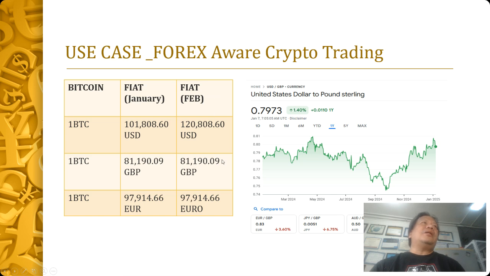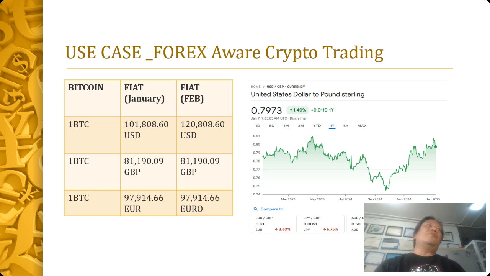Now in February, it still remains the same for euro and GBP. Well, what actually happens is that the price of BTC is now 120,000 US dollars.